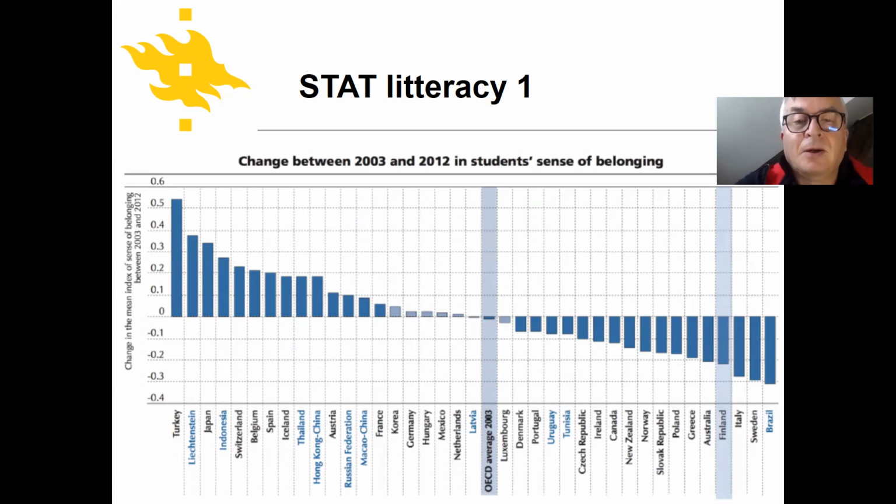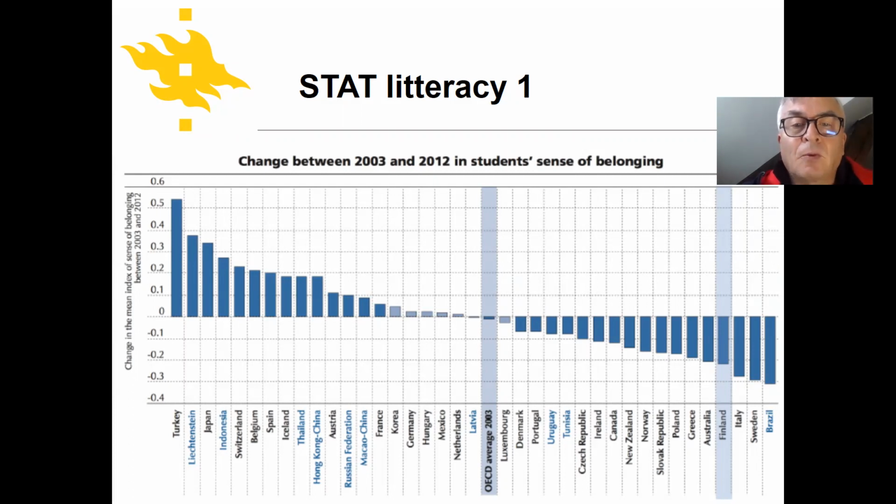And you can see here the OECD average there in the middle. And you can find Finland here. And what's going on here? This is a change between 2003 and 2012 in students' sense of belonging. And this is, in this case, belonging in school.